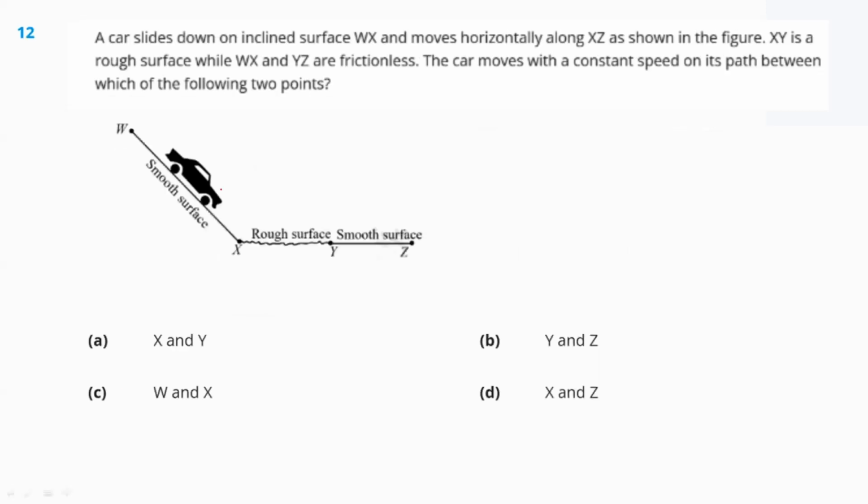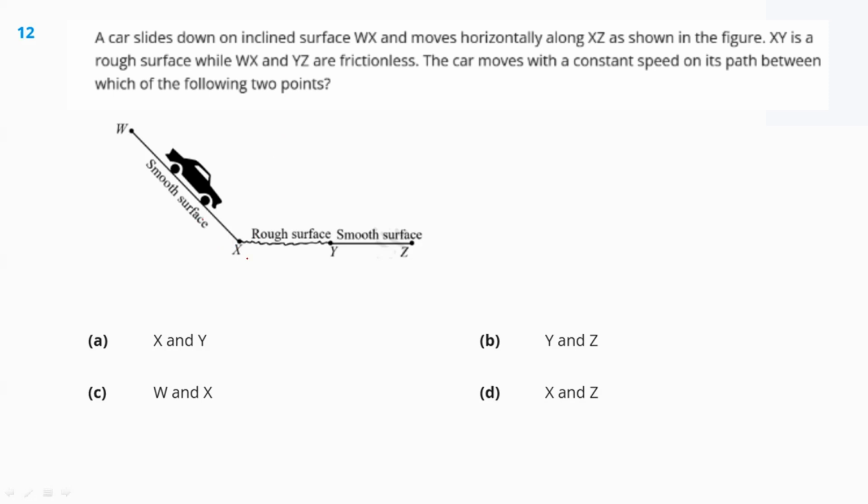Next, a car slides down on the inclined surface WX and moves horizontally along XZ as shown in the figure. XY is a rough surface, while WX and YZ are frictionless. The car moves with a constant speed on its path between which of the following two points? So the car, when it moves downwards, goes through a rough surface. On the rough surface, the speed is going to slow down, right?